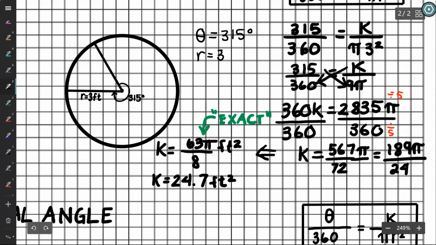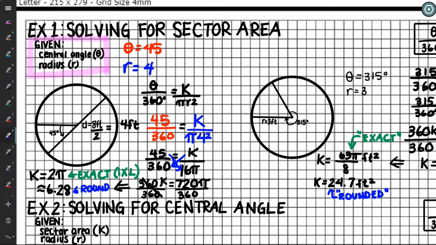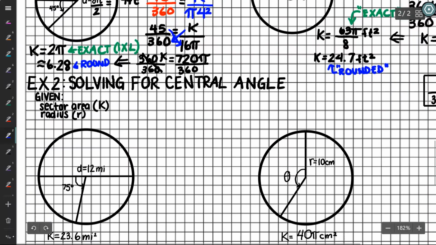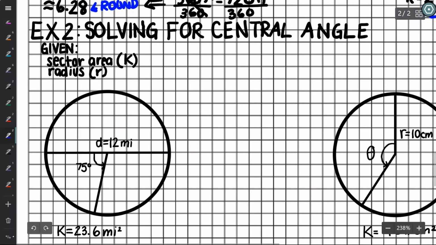Alright, both answers are correct. One of them is just more accurate than the other. Alright, so that is how you solve for sector area. We can also use the same proportion to solve for central angle. So we can do this when we have our sector area and our radius.